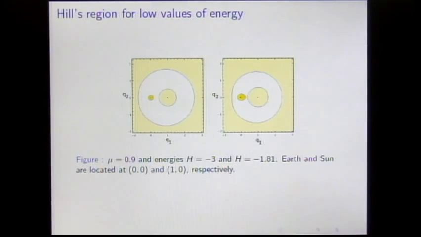So either it stays trapped close to the Earth, or the third body stays trapped close to the Sun, or stays far away in an unbounded region. I will consider just the region close to the Earth. So this is the lunar problem, okay? To look at the flow here.